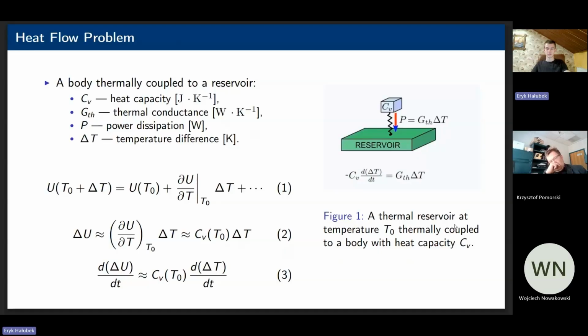So let's consider such a generic problem of some body with heat capacity CV that is kept at elevated temperature above the reservoir, but it is connected to the reservoir with a thermal link with thermal conductance GTH that makes the heat flow possible.